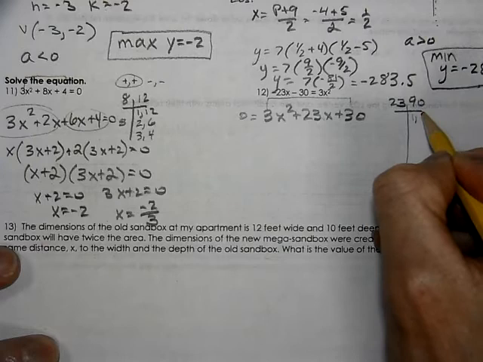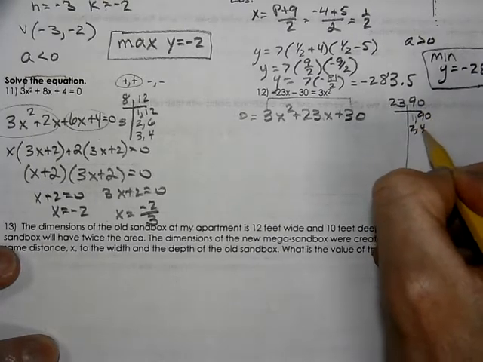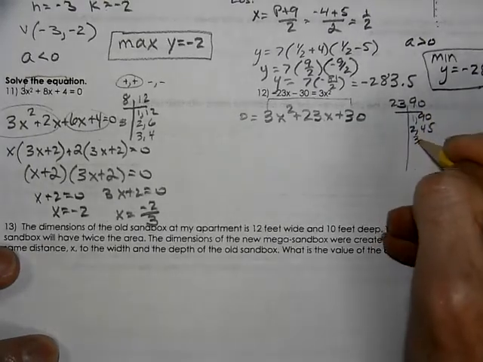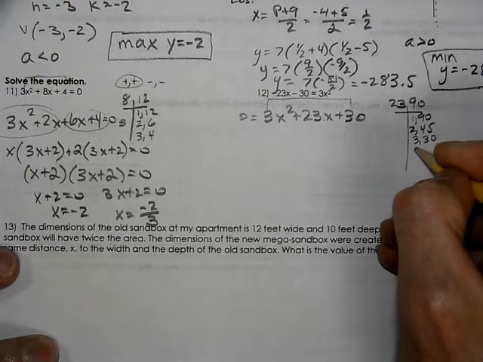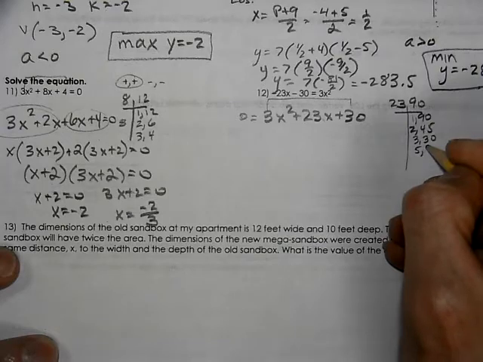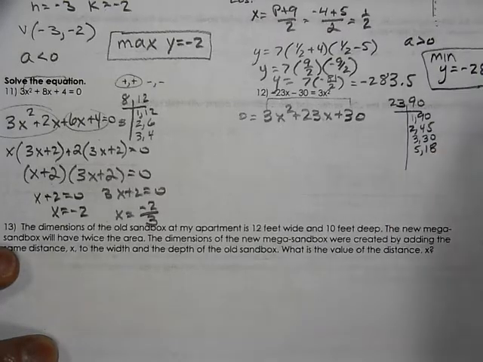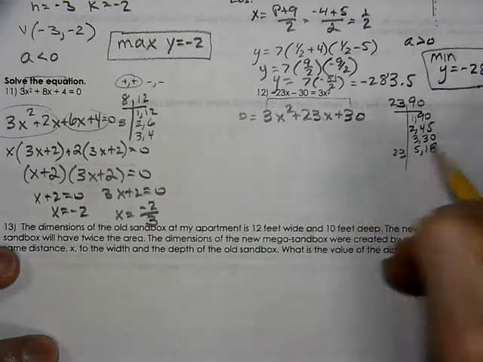So we get 1 and 90, 2 and 45, 3 and 30, 4 doesn't go into that, 5 goes into that, 18 times, there's your 23.